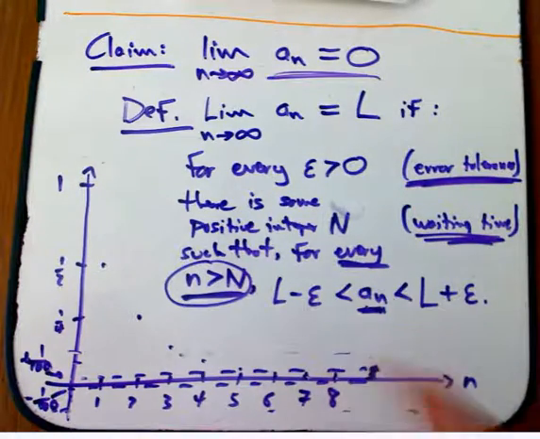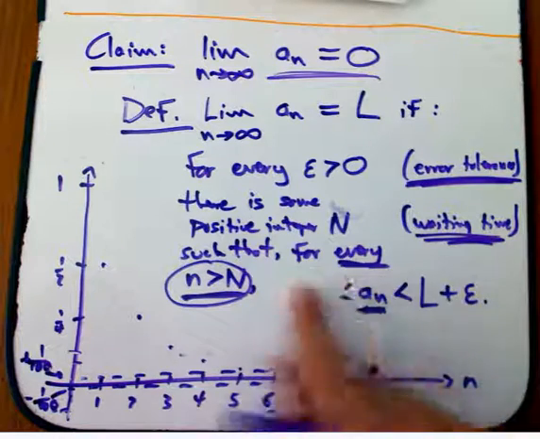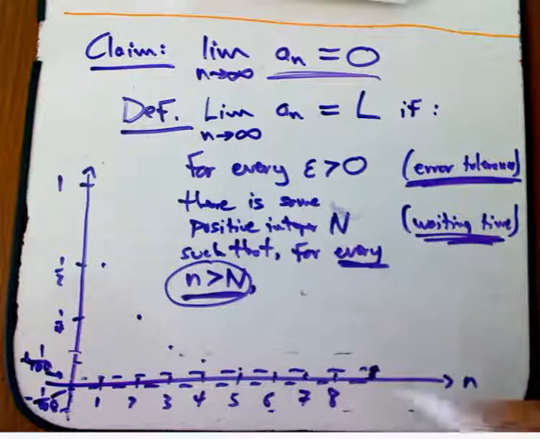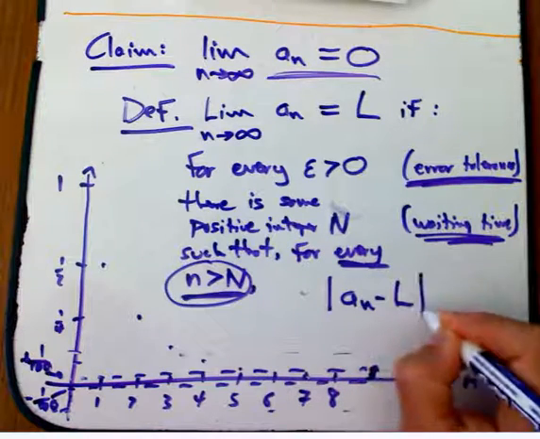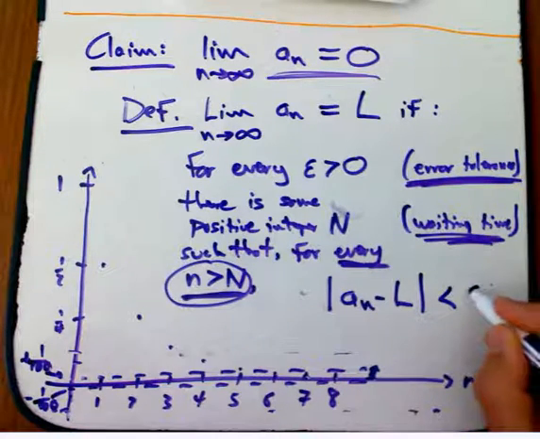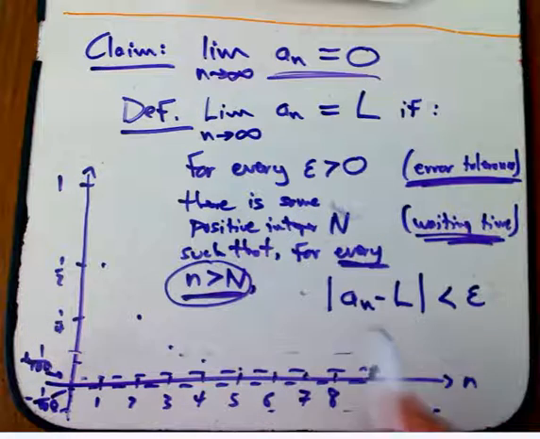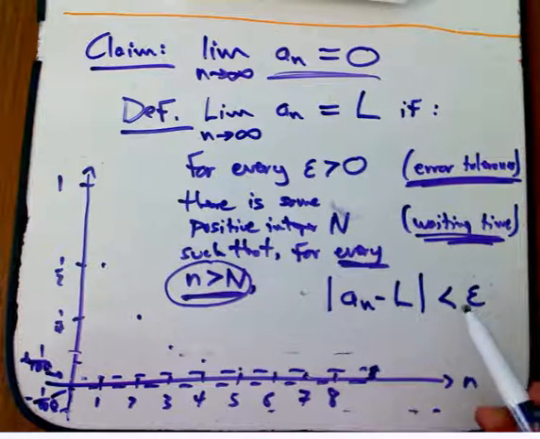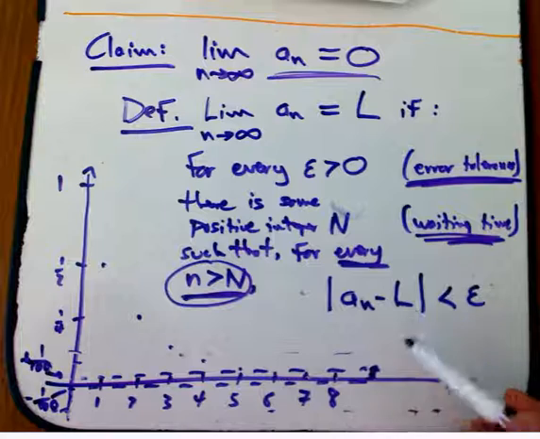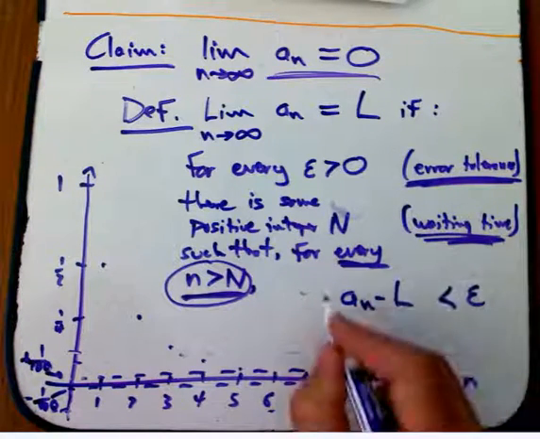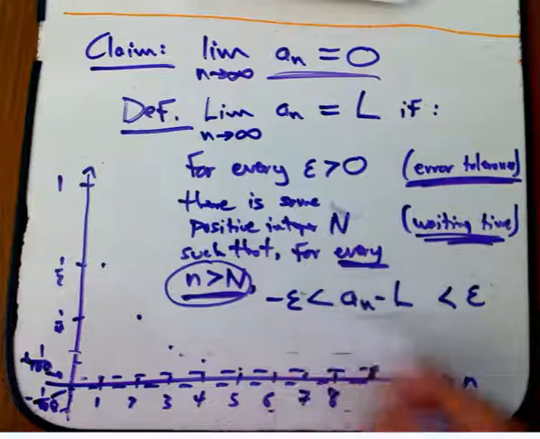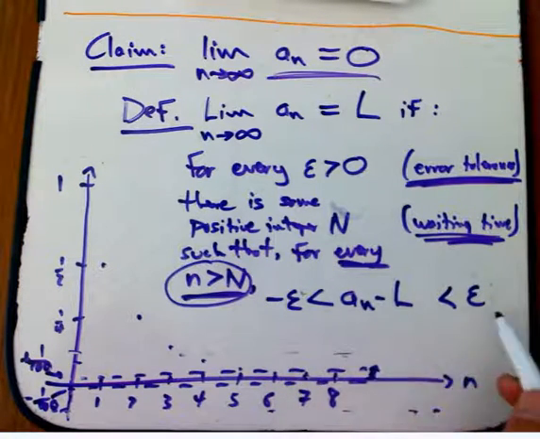and that particular limit. Now, you'll often see this with a little absolute value inequality. It just makes it a few fewer symbols. It's the distance between a sub n and L is less than epsilon. And you can think of it as distance on a number line. It's a great way to think of the absolute value of the difference of two numbers. Or you can just say, whenever I have the absolute value of anything less than some positive number, that just means that this number is between epsilon and minus epsilon.